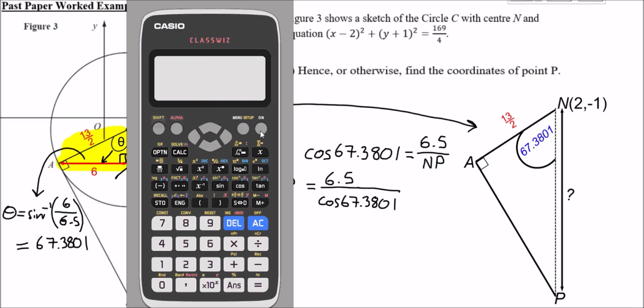So what I'm going to do, just to eliminate beyond any doubt any rounding error, I'm going to do 6.5 divided by cos of my answer, because the number that was stored was for 67.3801 to more decimal places. So now if I press this, I get 169/10, which happens to be 16.9 exactly.